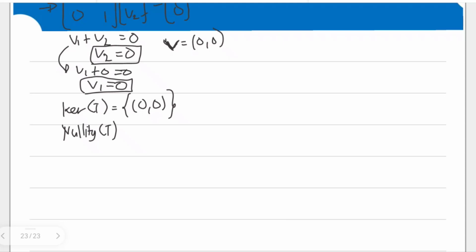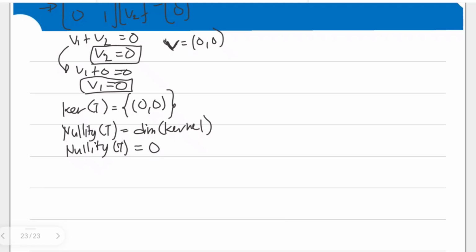However, when we talk about dimension, we exclude counting the zero vector itself. Even if this set contains one element, which is the zero vector, the nullity of T, which is the dimension of the basis of your kernel, doesn't count the zero vector. In short, the nullity of T for this matrix is 0.